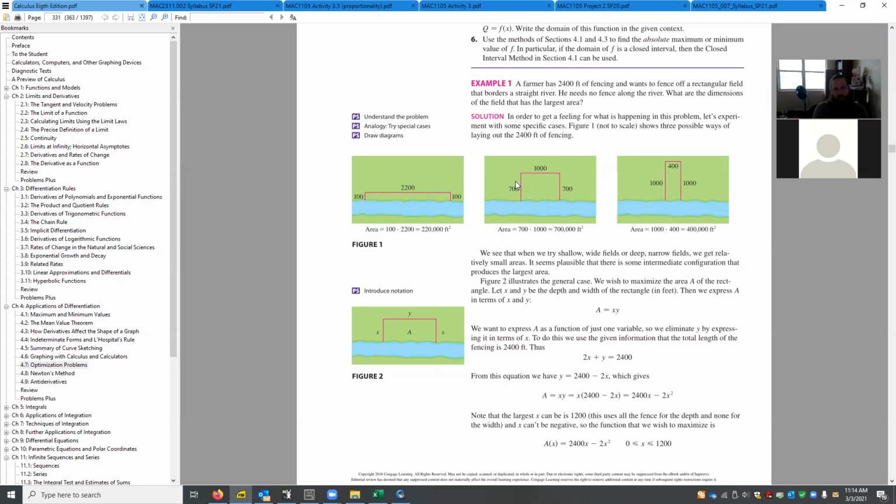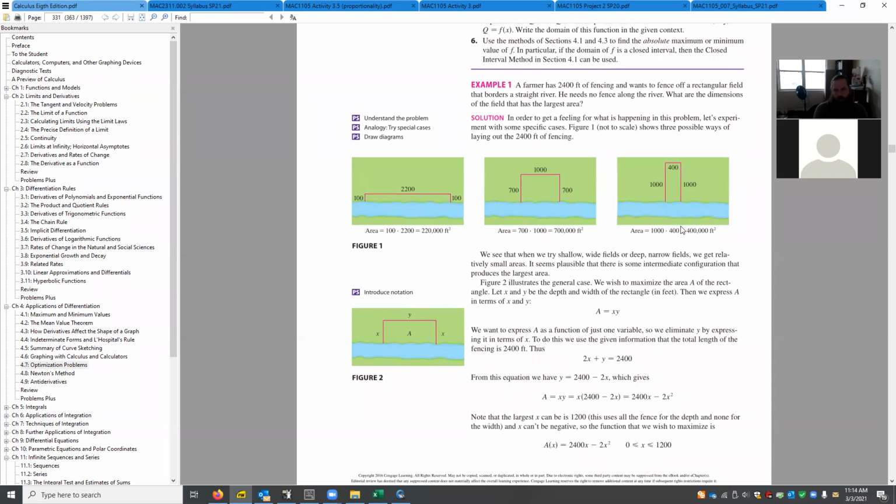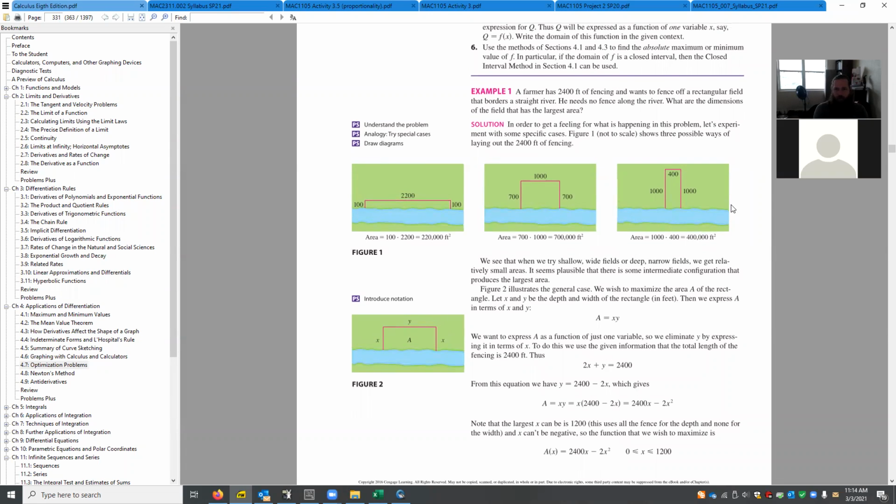If he makes this a little bit closer to square, 700 on this side and 1,000 on this side, then he gets 700,000 square feet, which is certainly more area than that. Happier cows. If he takes this to the extreme where he makes these side lengths real long and makes this side length real short, the area gets small again. So somewhere in here is a sweet spot that will maximize that area. All of these use the same amount of fence. So the question is, how do we do this?